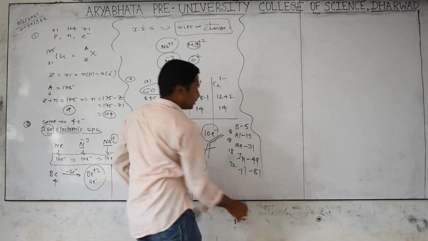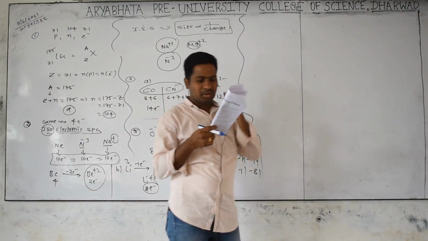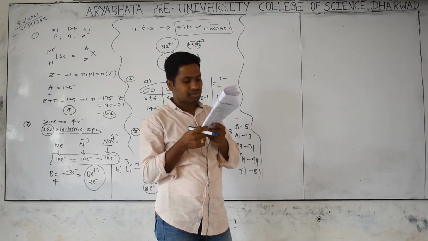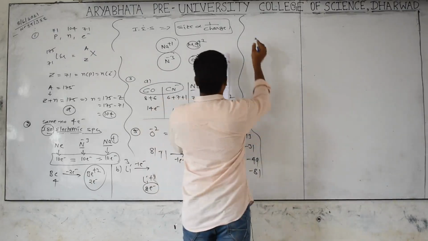Now we are going for another bit. See carefully. With that, the basics are over. Now we are seeing another concept. Which of the following series of transitions in the spectrum of hydrogen atom falls in the visible region? This is question number 6.